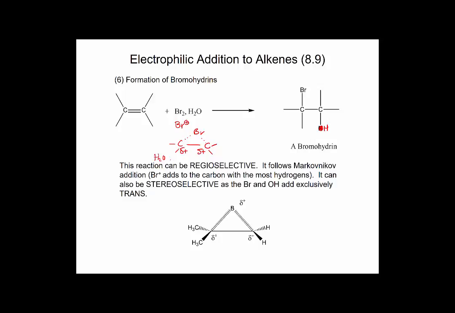And so the H2O will add. I'll end up with an oxonium ion, and my Br will slide over. And then from my oxonium ion, I lose H plus to then give me the bromohydrin.